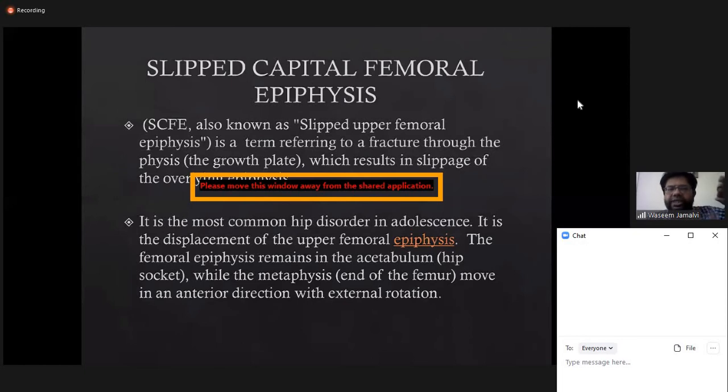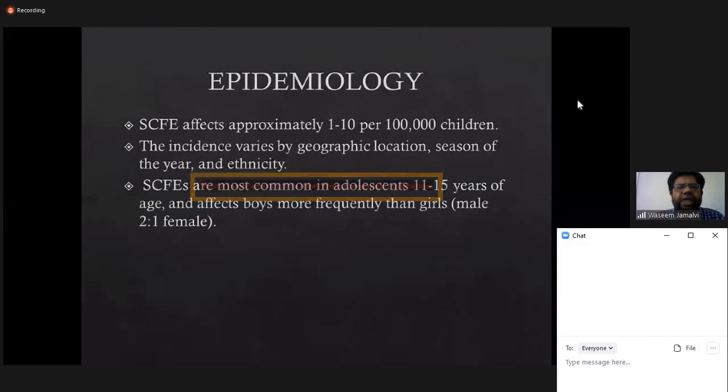The head stays inside, the neck of the femur moves slightly outward, anterior direction and external rotation. There is a slight change because of this slipped capital femoral epiphysis. And this condition is painless; there is no pain or very limited pain.